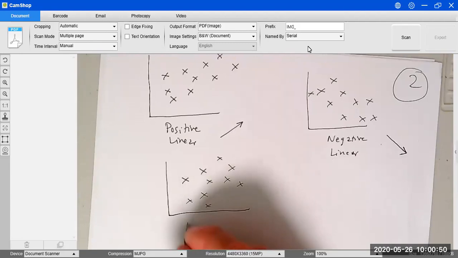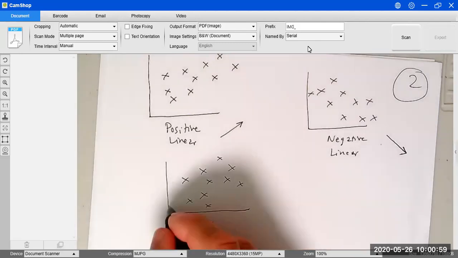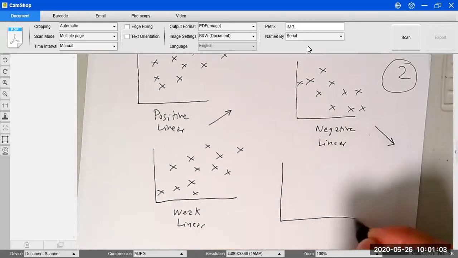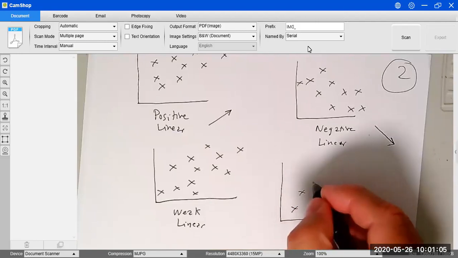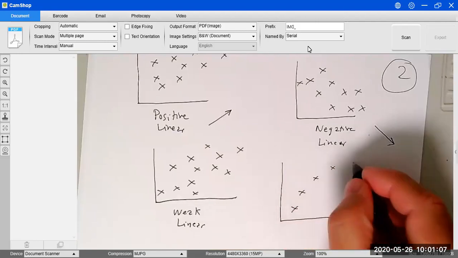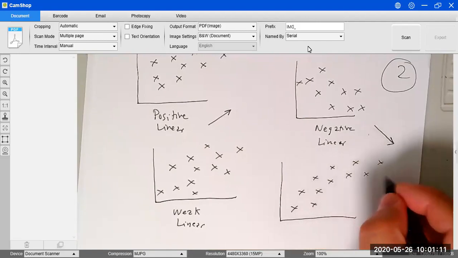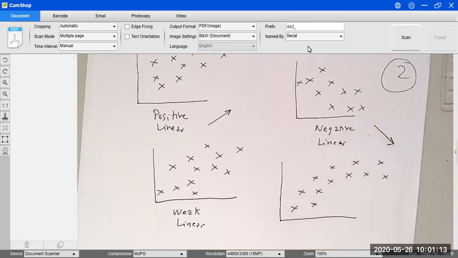So we can say that this is a weak linear pattern. Also, we can have points that seem not to follow a linear pattern. So you can see that they are like following a curve.